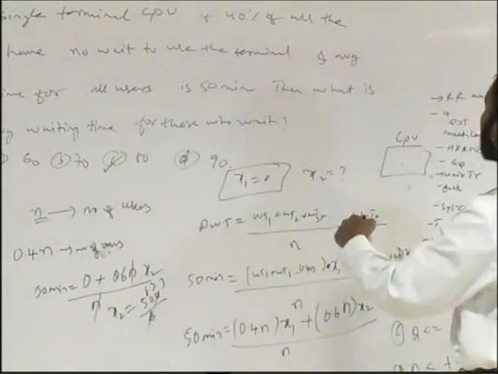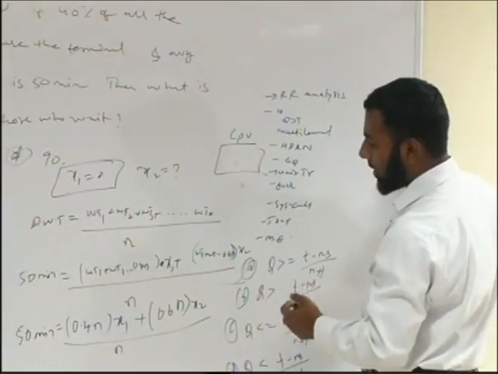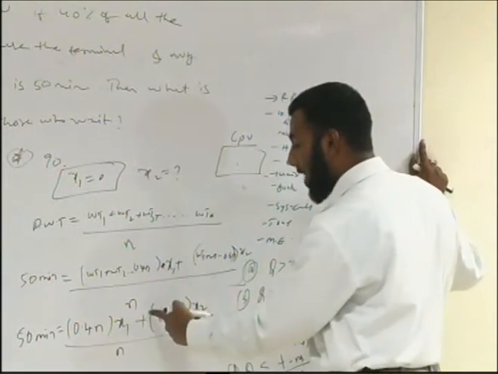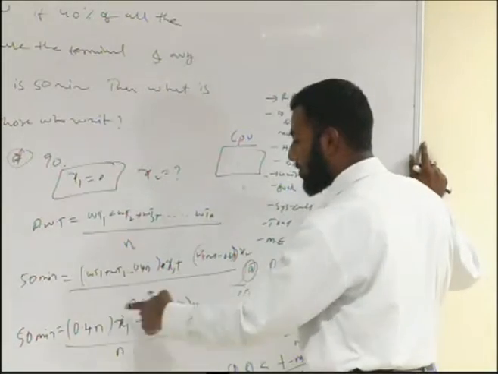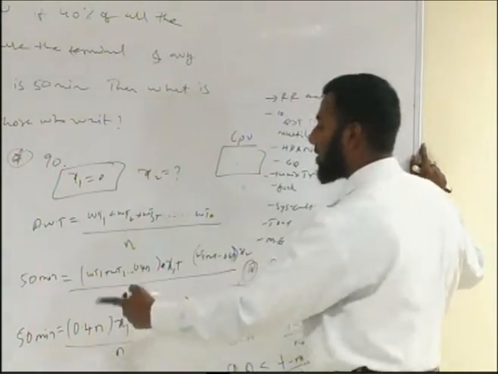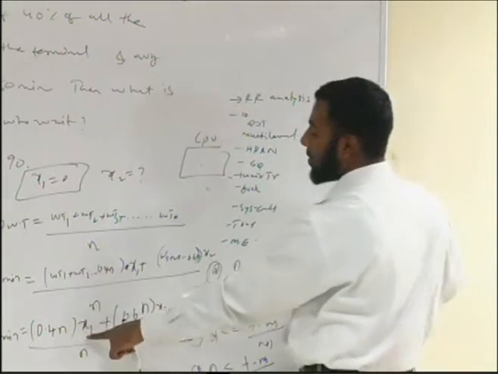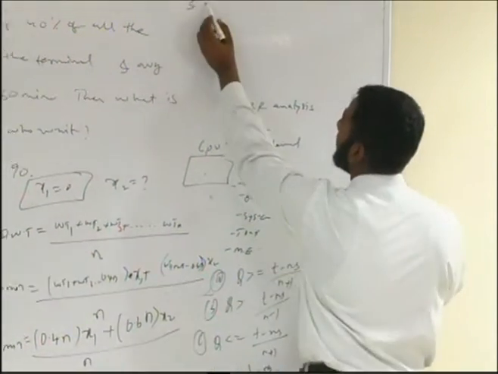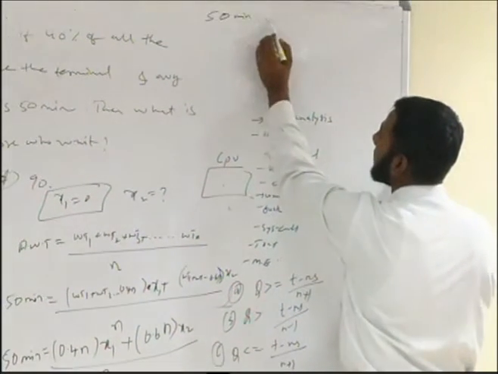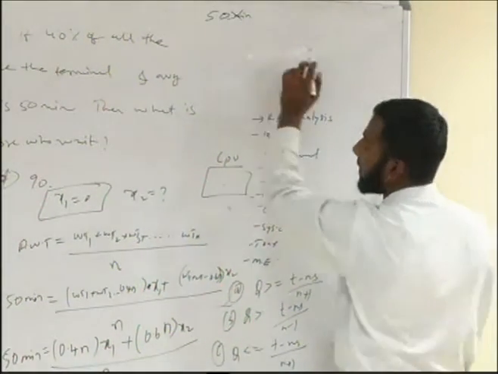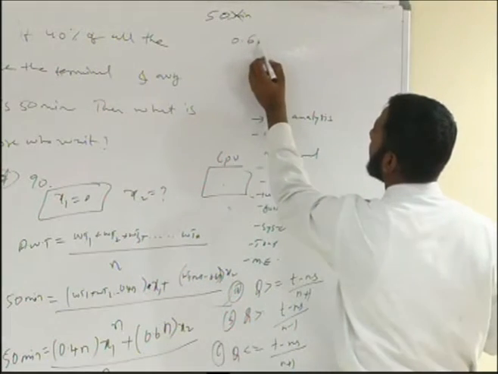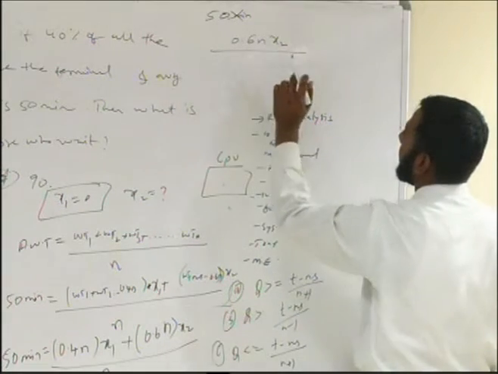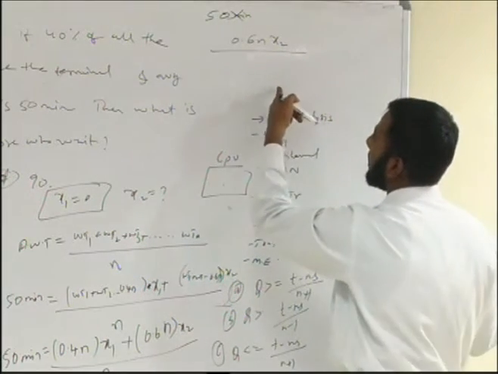However, now we'll go one step ahead. We'll find out the average waiting time of only those processes that wait, because the other 40% of the processes take zero time. So what we do is take 0.6 n into x2, divided by the number of processes that wait.